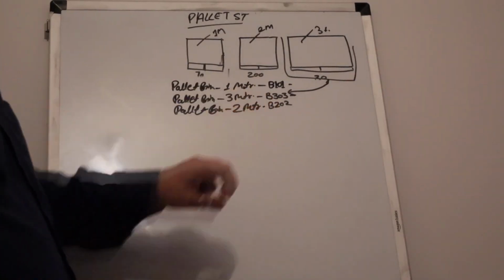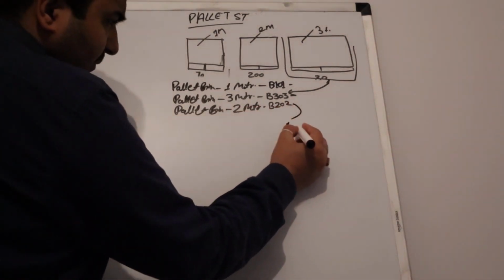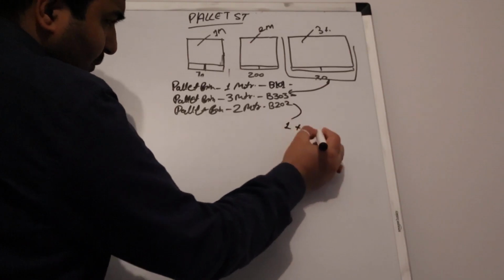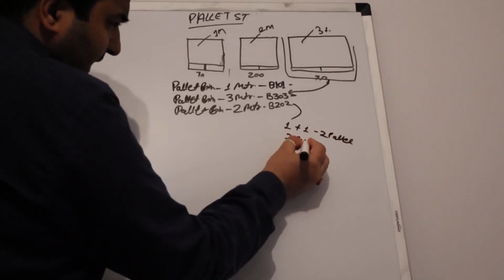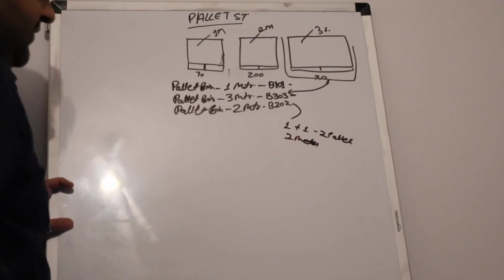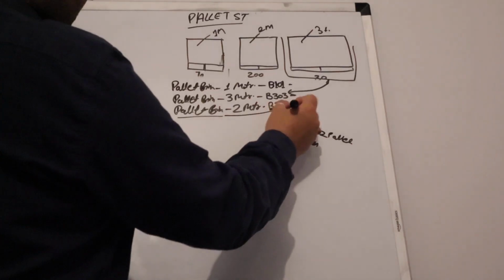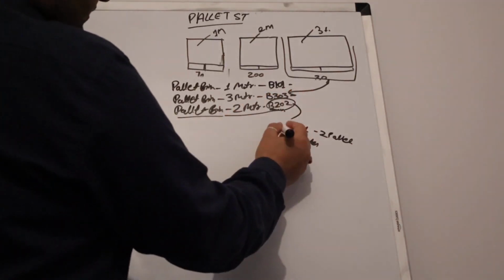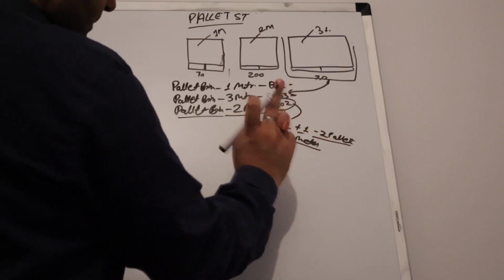Now see the logic. 2 meter of the bin can hold 1 meter plus 1 meter, 2 pallets in it, or 2 meter 1 pallet, isn't it? So this 2 meter bin, B0202, can hold 1 meter plus 1 meter, 2 pallets, or 2 meter 1 pallet.